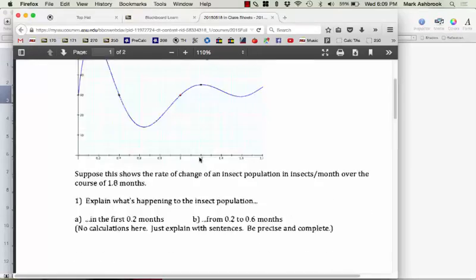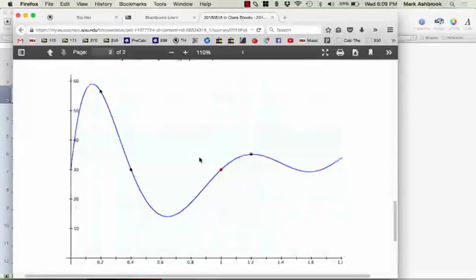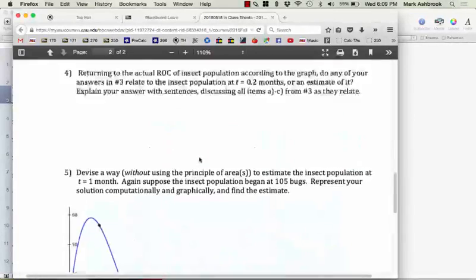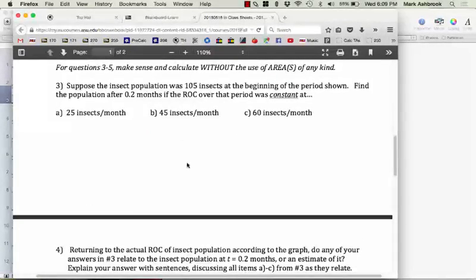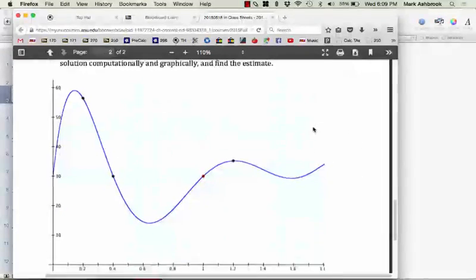All right, so let's go to the end here and I'll work through the last exercise. I kind of tried to hold your hand and get you started on numbers 3 and 4, looking at a 0.2 month interval and figuring out what your population growth would be if you had these constant rates, and then asking which of those constant rates would apply in this case.